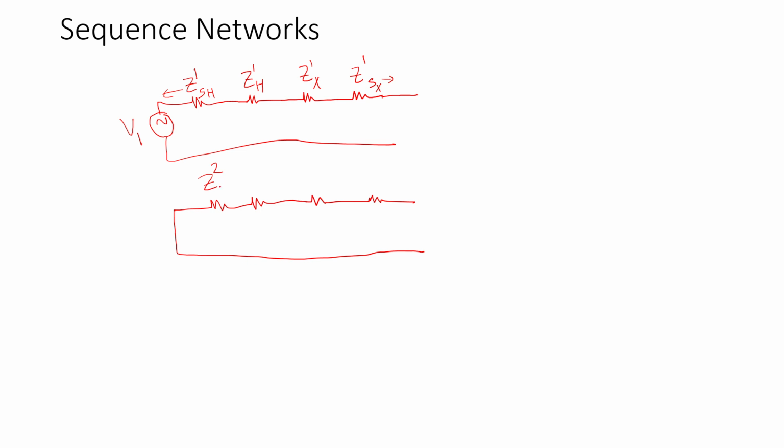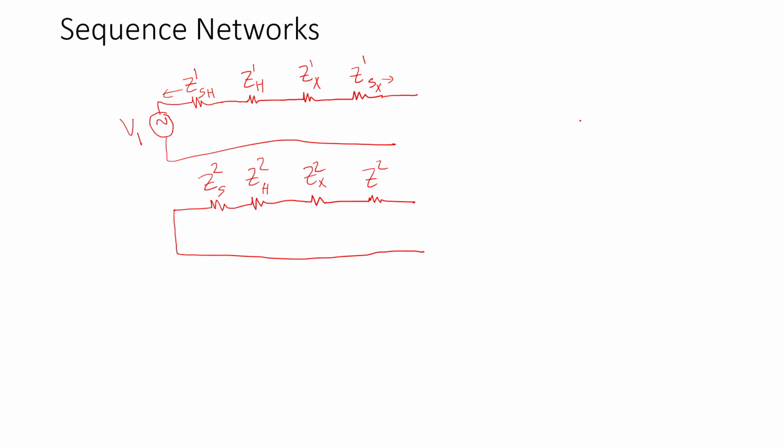So here you just rewrite the same values. If you don't have any rotating machine, the positive and negative sequence impedances are the same. I'm going to avoid writing the zero sequence system on the high side just for simplicity. So this is negative sequence. Two just means negative sequence.